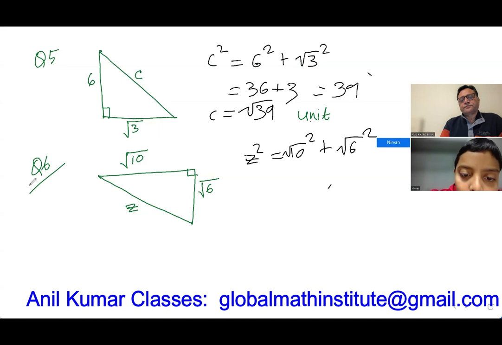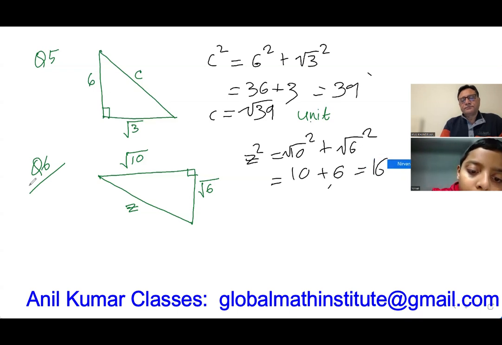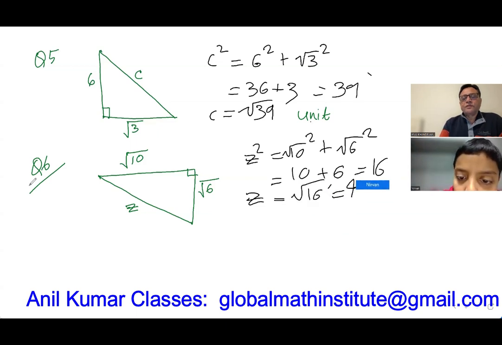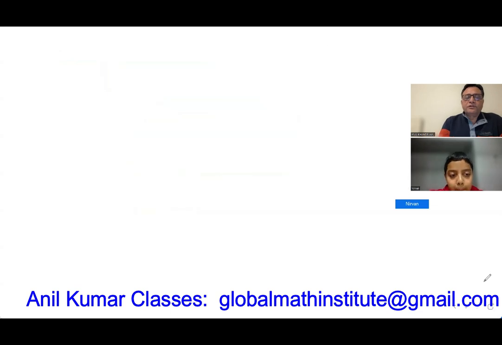So this is going to be 10 plus 6, 16. And Z equals square root 16, which is 4. Perfect. Great job. Good. Units.